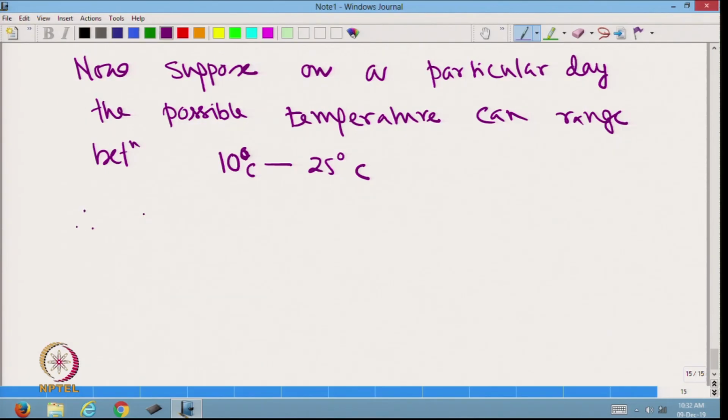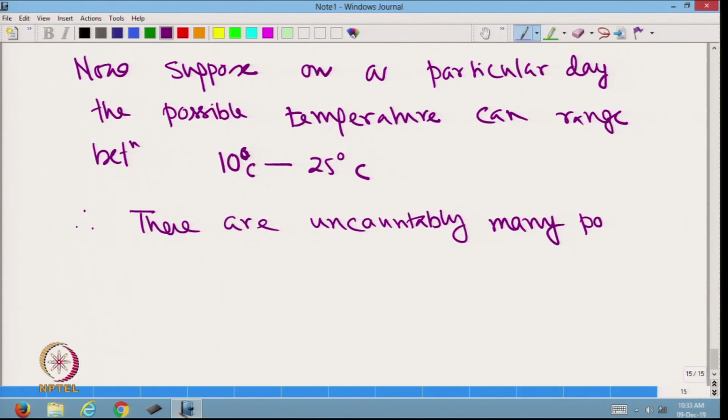Therefore, there are uncountably many points in omega, because on the real line between 10 to 25 there are uncountably many real numbers, and each one of them can happen to be the temperature of a particular day.